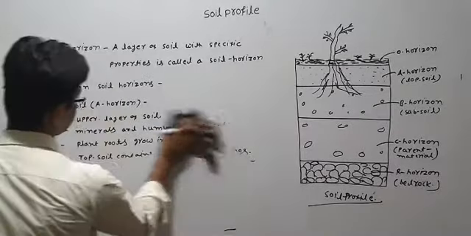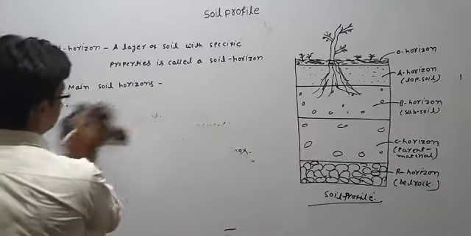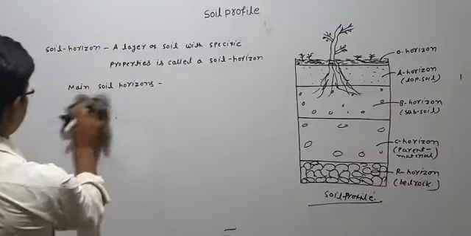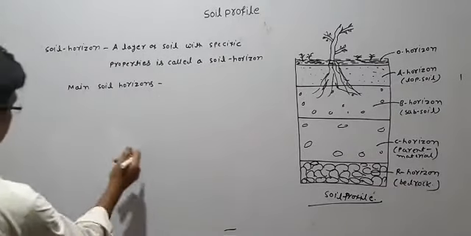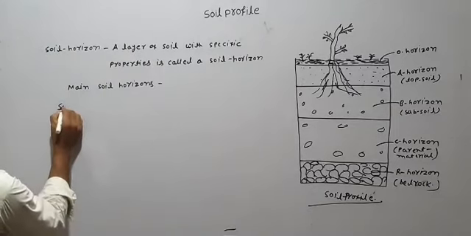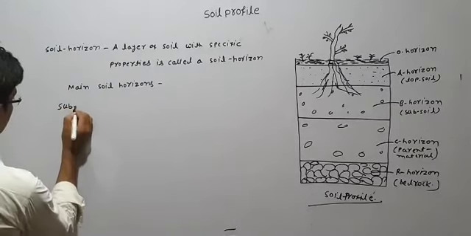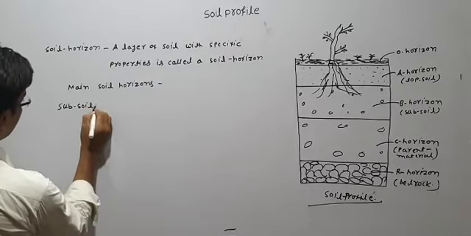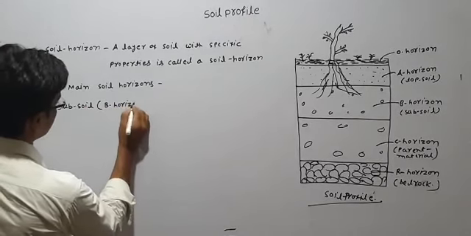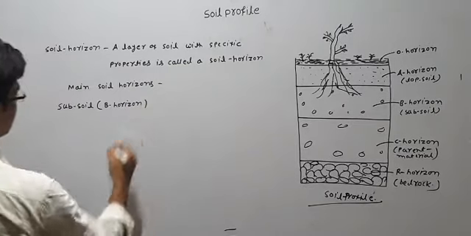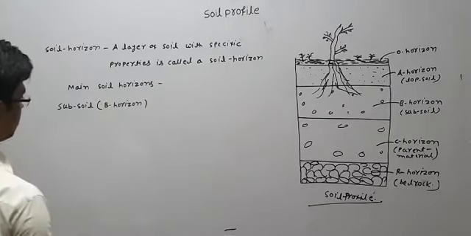Okay, next we have topsoil, then subsoil. Next we have subsoil, and subsoil is also known as B horizon. This one is also known as B horizon. You see what is the function?